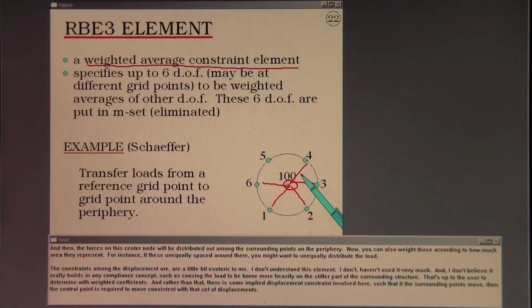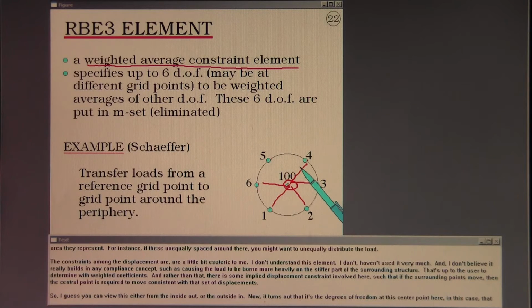The constraints among the displacement are a little bit esoteric to me. I don't understand this element. I haven't used it very much. And I don't believe it really builds in any compliance concept, such as causing the load to be borne more heavily on the stiffer part of the surrounding structure. That's up to the user to determine with weighted coefficients.